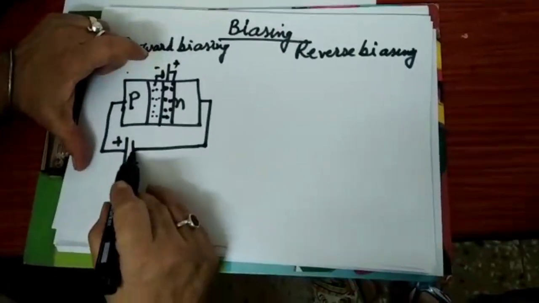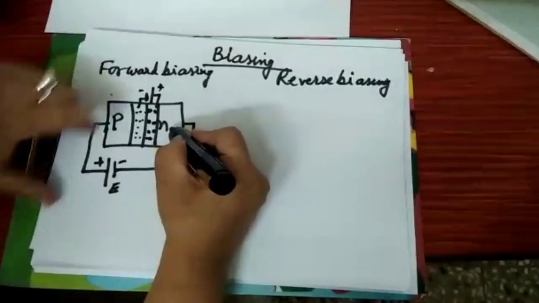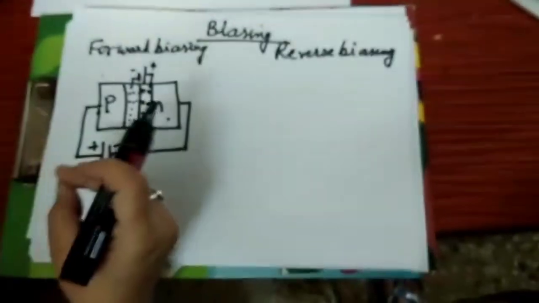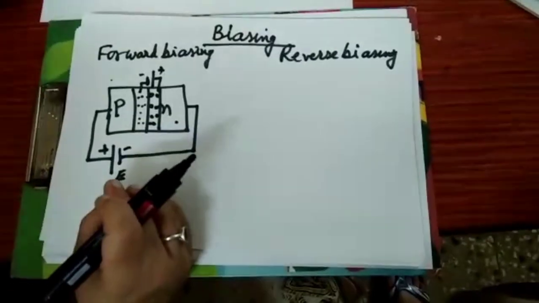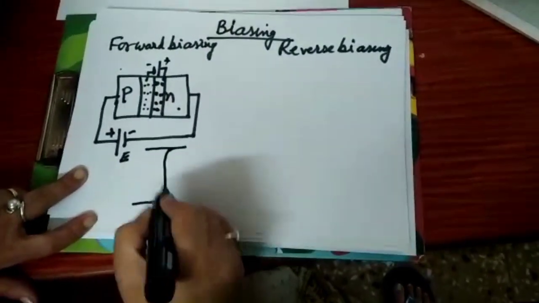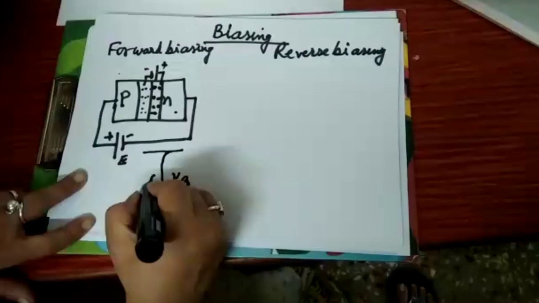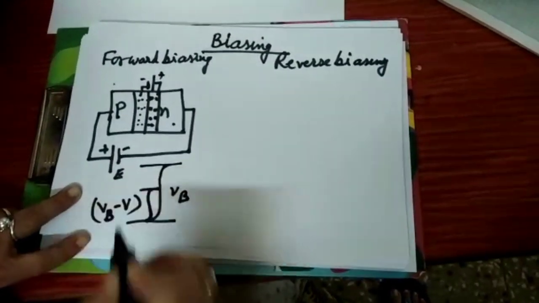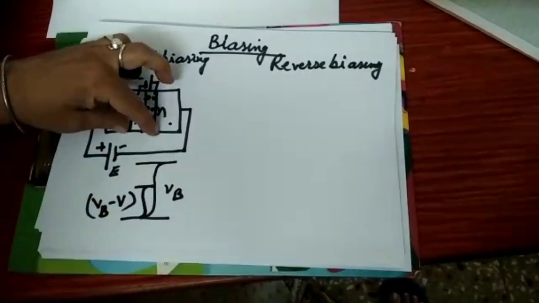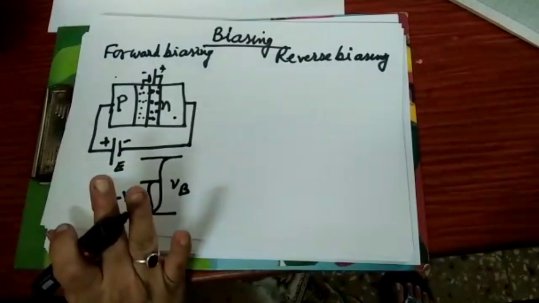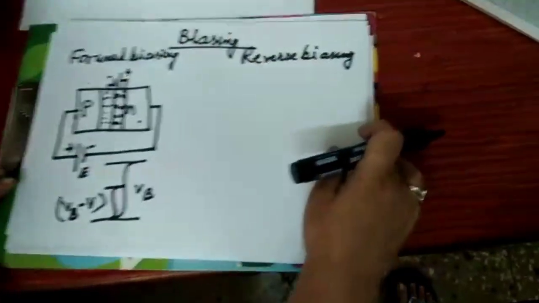The negative terminal does the same with N-type, and as a result, drift current starts flowing, because the potential barrier, which was the original potential barrier, has now been reduced. This gap has been reduced and drift current starts flowing. So this is forward biasing.